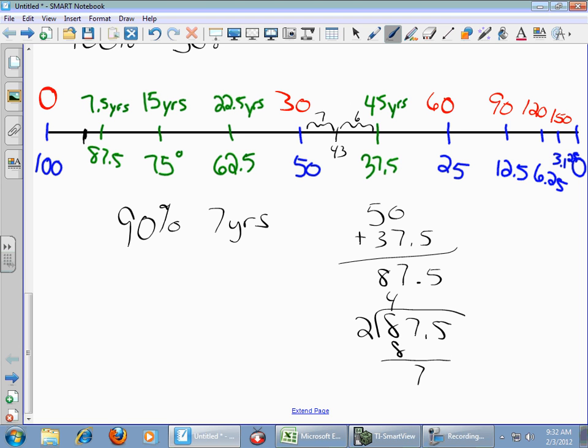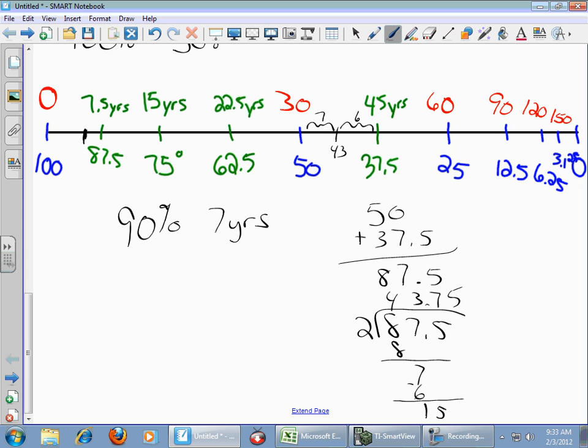Okay, make sure I subtract right. What am I going to get there? Yeah. Oh, silly me. I should have been taking the average of 30 and 45. I don't know why I averaged those two, but I did, but it's cool.